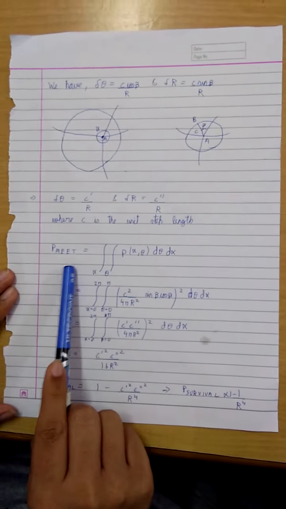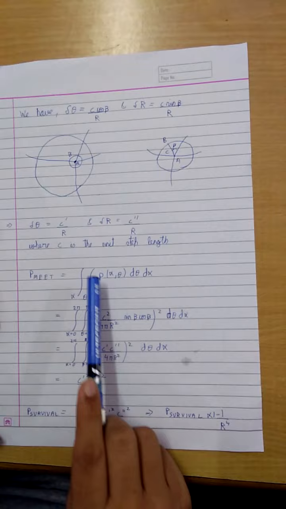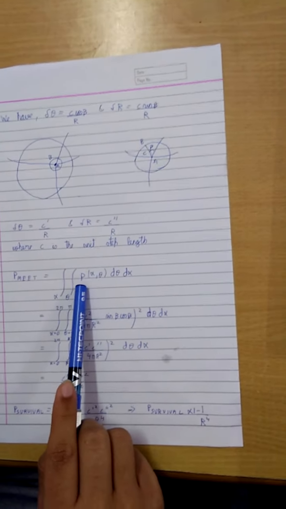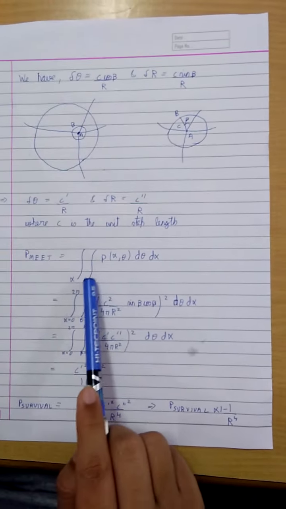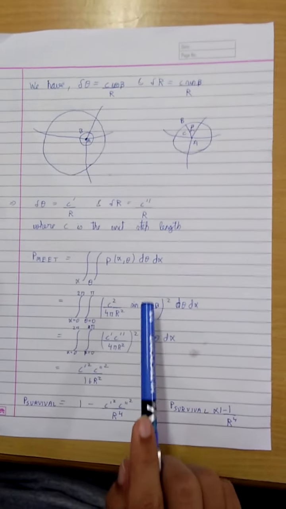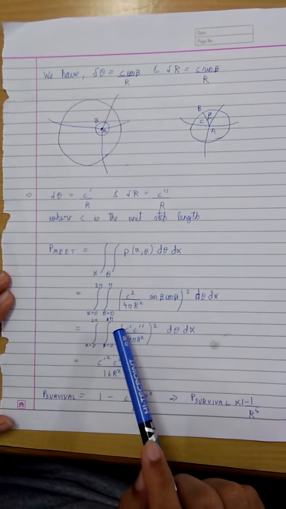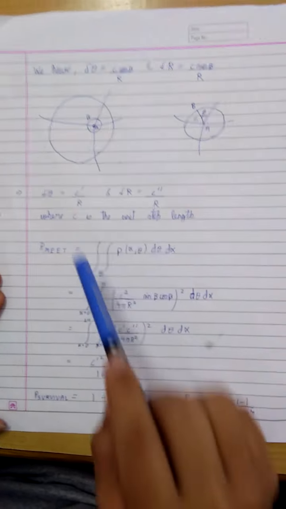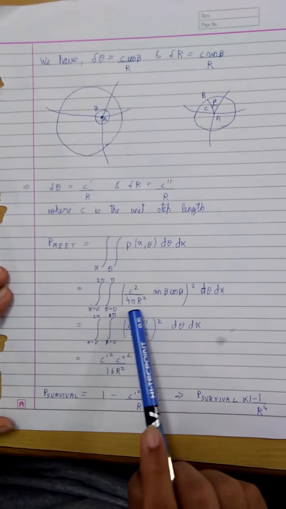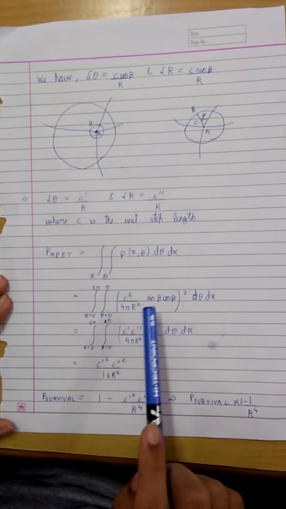Now the probability of meeting is as follows. It is a double integral over alpha and theta of p of alpha, theta d alpha d theta. Alpha varies from 0 to 2 pi and theta varies from 0 to pi, and p of alpha, theta had been found earlier to be this.